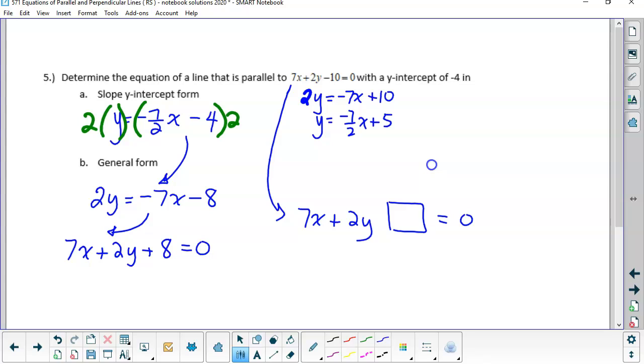Okay, but you're missing that constant term. So then you think about the y-intercept. It has to equal 0 in the general form, right? And the coordinates of the y-intercept are 0, -4.